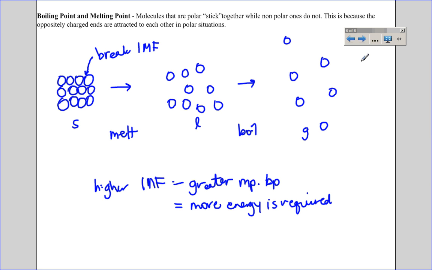If both compounds have the same type of intermolecular force, so for example, they're both nonpolar with London forces, then you would look to the number of electrons to help you to compare the number of intermolecular forces that might be possible. So for something with more electrons, they're going to be more polarizable. They're going to have greater intermolecular forces, and therefore the higher boiling or melting point.